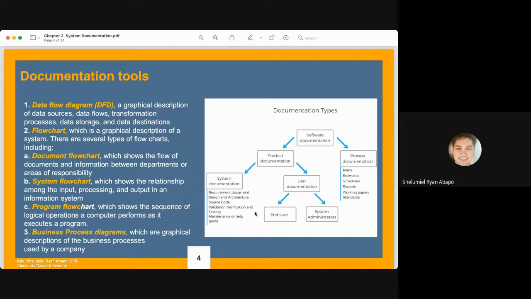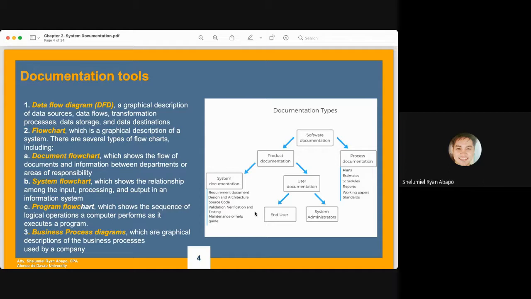There could be transactions that may not have been included initially, and therefore it's important that the business or the organization would have the source code from the developer to allow the flexibility of improving it or changing it to match the needs of the business.